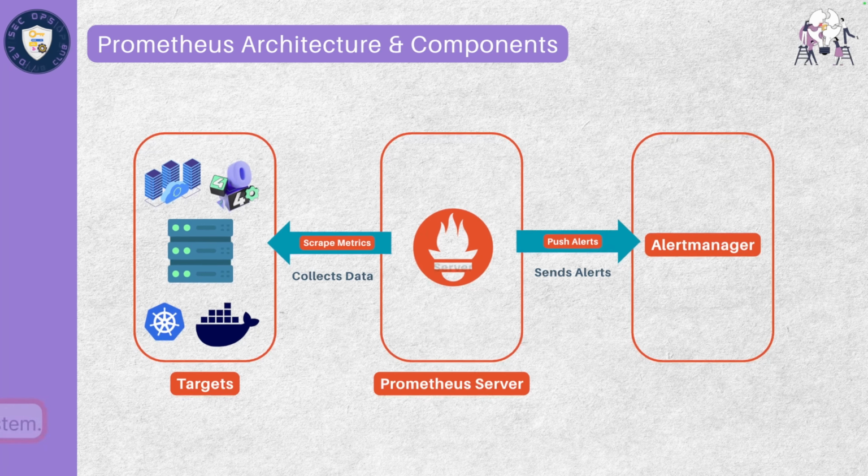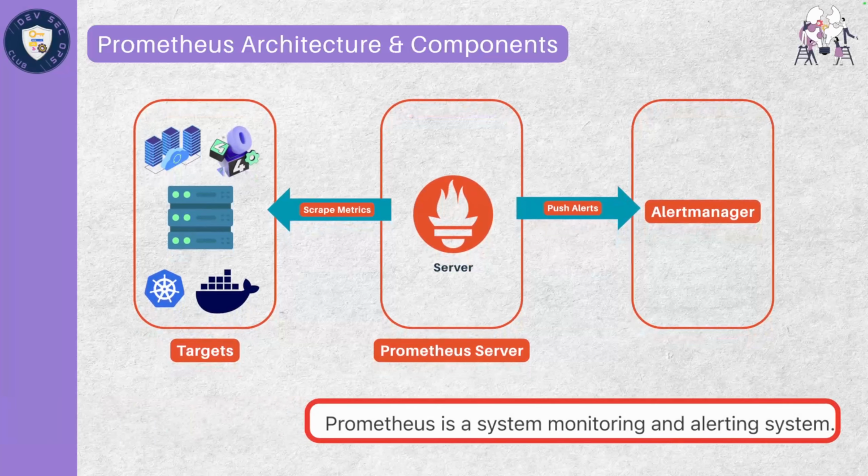When we refer back to the definition, it says Prometheus is a system monitoring and alerting system. So in short, Prometheus has three main components. At a high level, the Prometheus server itself has to scrape the metrics from the targets at regular intervals.